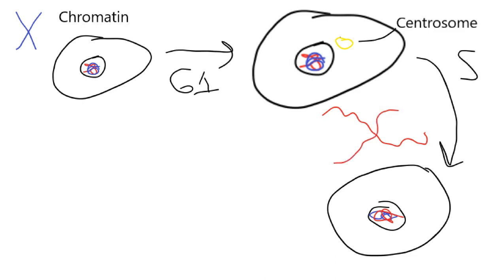And when it replicates itself, it's still considered one chromosome, but there are now two identical copies. And here, let's replicate our other piece of DNA, our blue piece. So you still have two individual chromosomes. And the point that they're connected has a name.